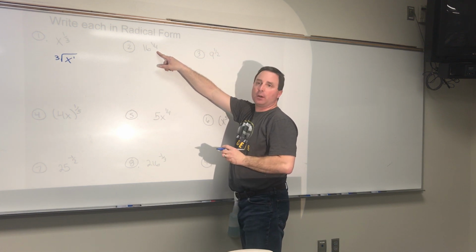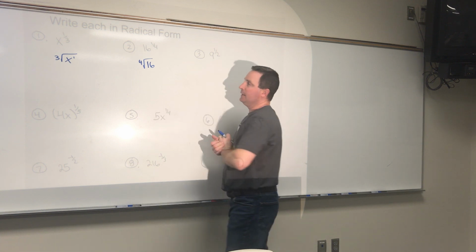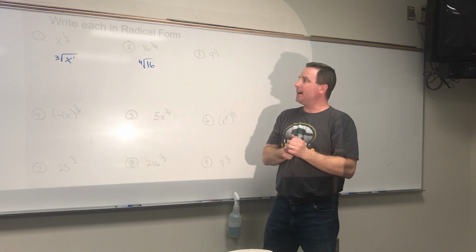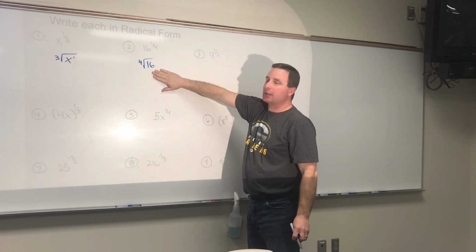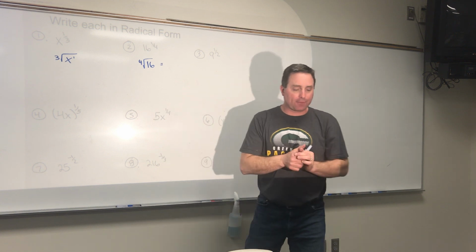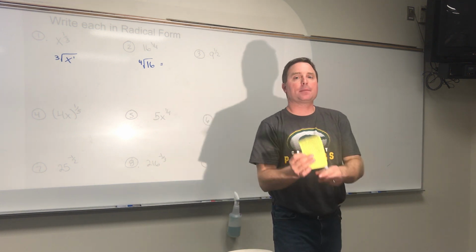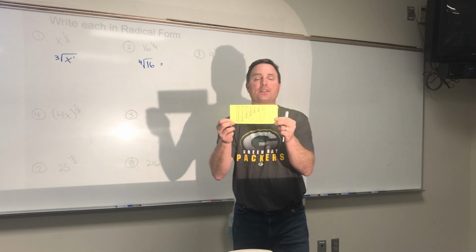The fourth root of 16. If I write it in radical form, and if I can simplify it, let's simplify it. Is 16 a perfect fourth? Another thing that's going to be really helpful is that little half a piece of paper that has the perfect cubes and fourths and fifths on it.